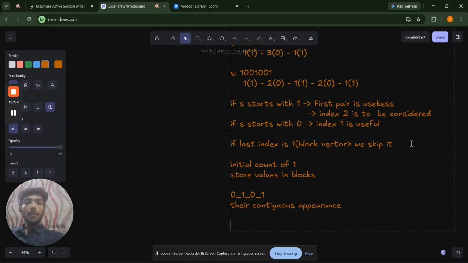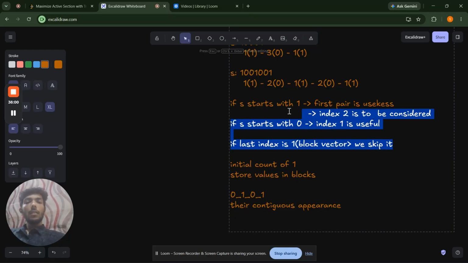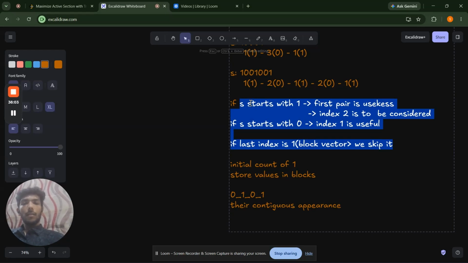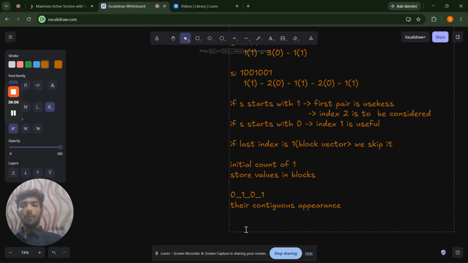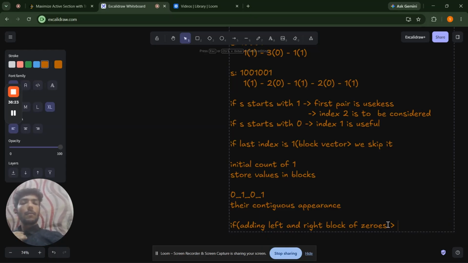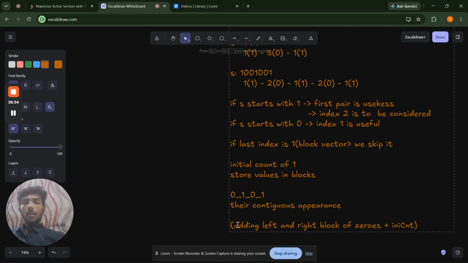And then with this rule we start: if adding the left and right block of zeros is greater than the current answer, we store the maximum attained.